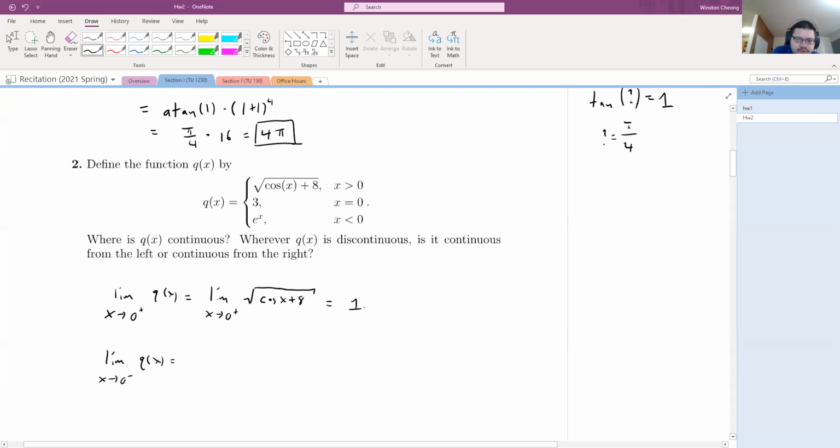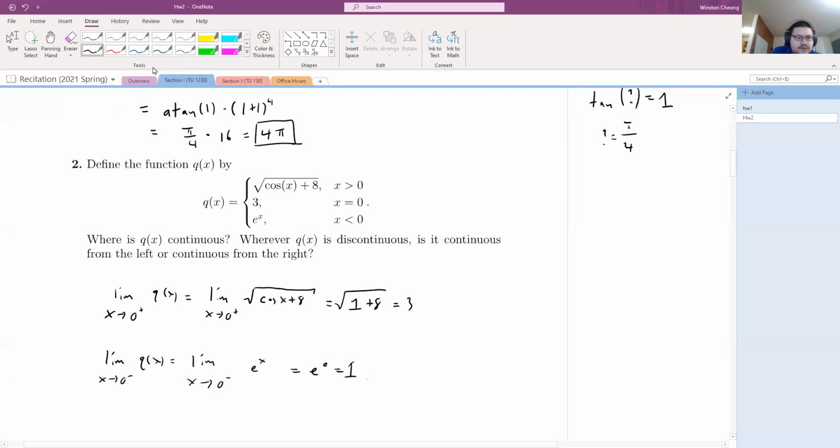Cosine of 0 is going to be 1, plus 8, we get 9. Compared with the other one, x goes to 0 from the left, we've got the exponential function. I can then plug in e to the 0, which is equal to 1. And you can see that this 3 matches with that 3.